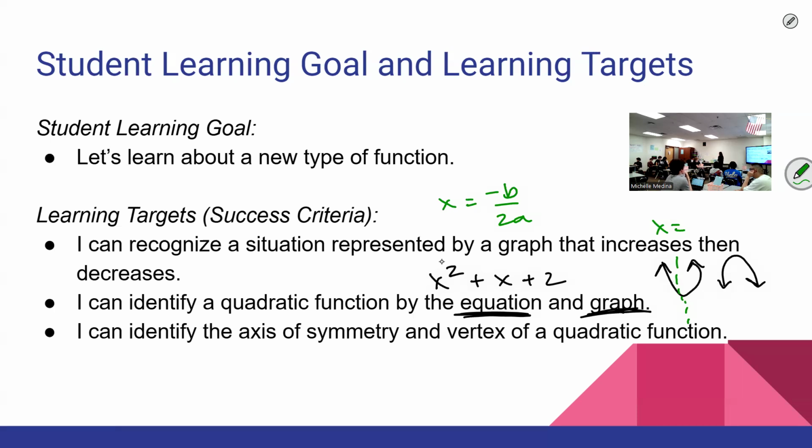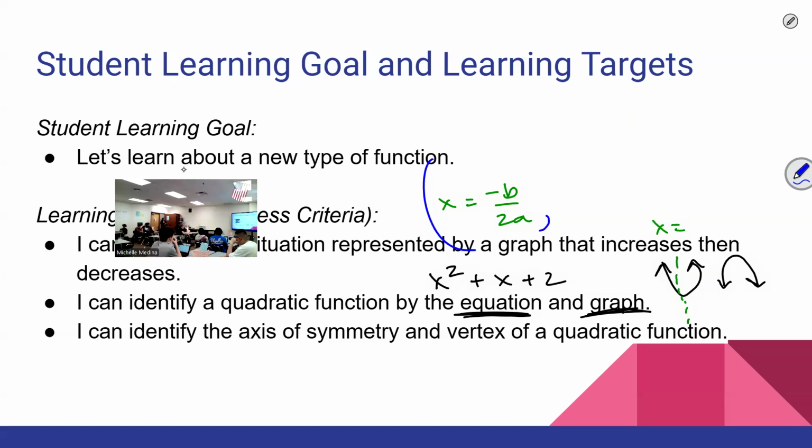And then the vertex you find from your axis of symmetry formula, that'll give you the x of your vertex. Then plugging in the x of your vertex will give you your y. And that written as a coordinate will give you your vertex.